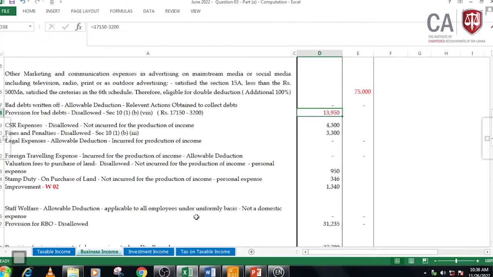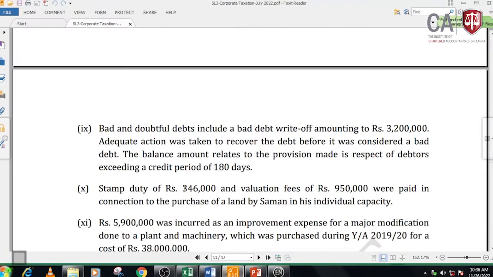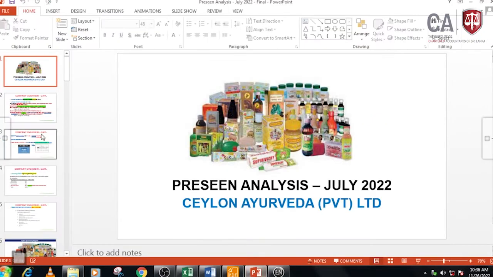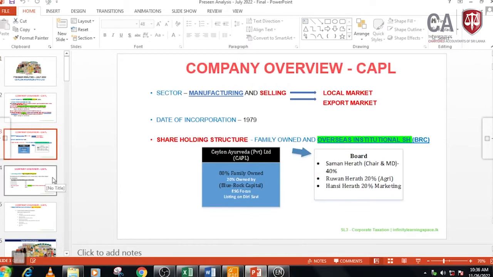It has been done. Now the next one, the stamp duty of rupees 346,000 and valuation fee of rupees 950,000 were paid in connection to the purchase of the land by someone in his individual capacity. Can you remember who is someone?